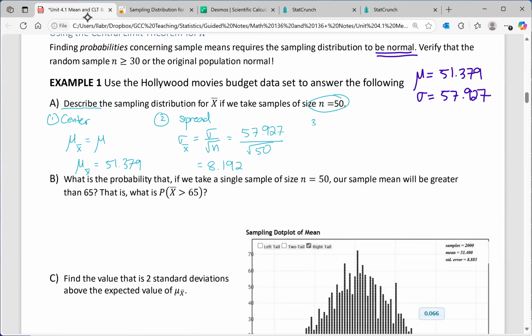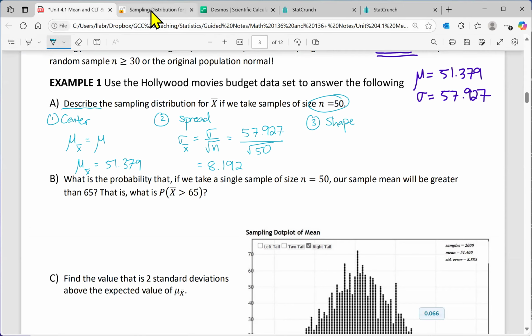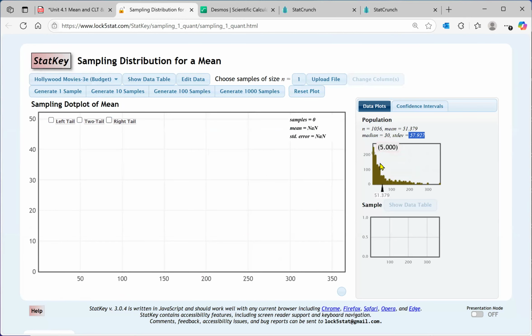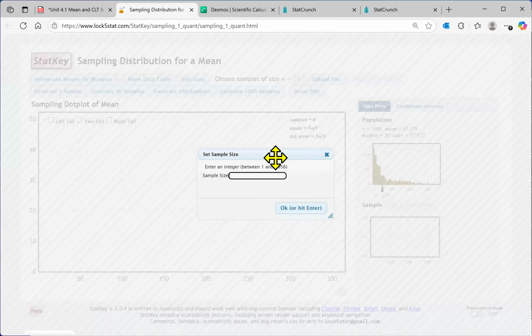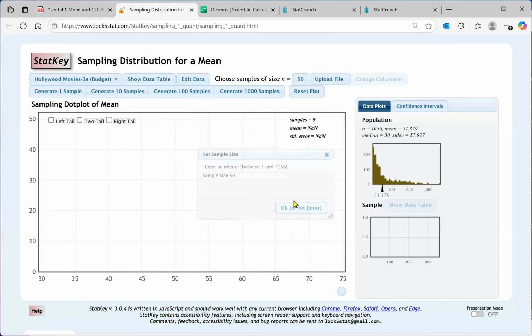And finally, number three, what about the shape? If you remember, the shape of that population is actually highly skewed right. Very highly skewed right. More or less looks like it's exponential. So anyway, we're asked, if you take samples of size 50, what would the shape look like? Again, we can simulate it, but notice I didn't simulate.